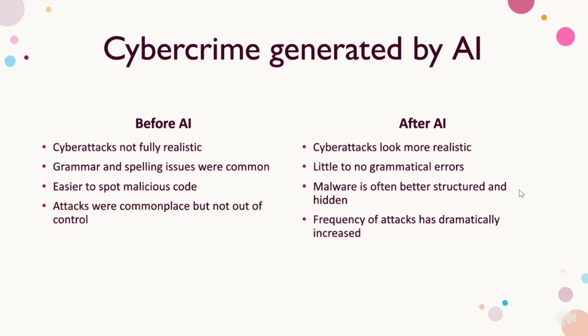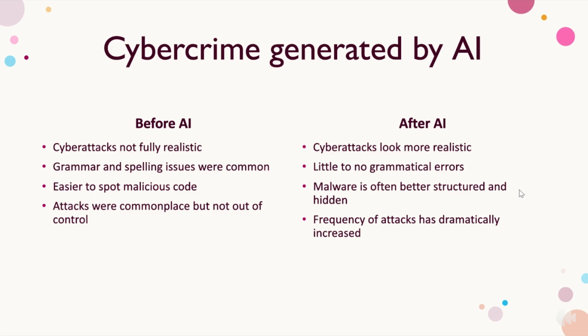One of the most common examples of this is grammar and spelling issues. These are mainly related to phishing emails, as oftentimes these emails, since they're sent to so many people, included major errors in their spelling and grammar that allowed users to easily spot that something was off.